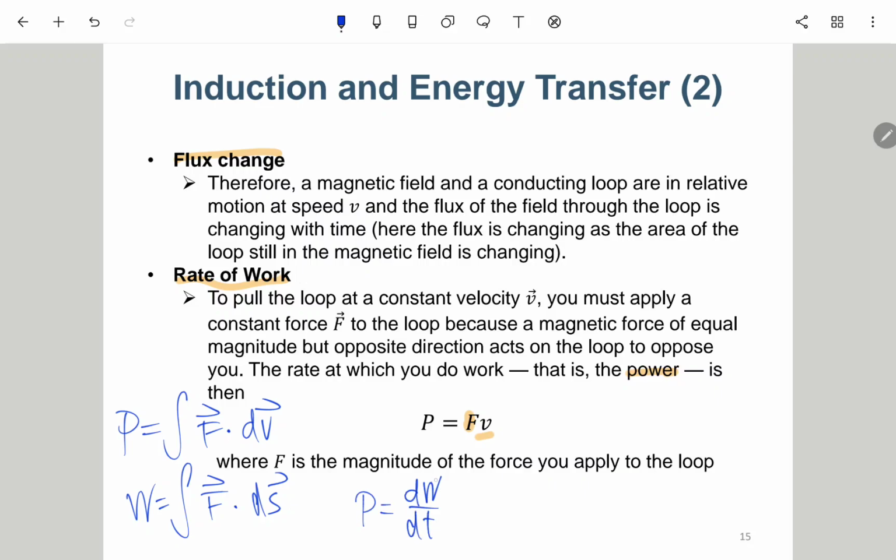Take the derivative of the work done with respect to time. So it is d/dt of the integration of F dot ds. You put this in here, so it becomes the integration of F dot ds/dt. So this one becomes velocity.